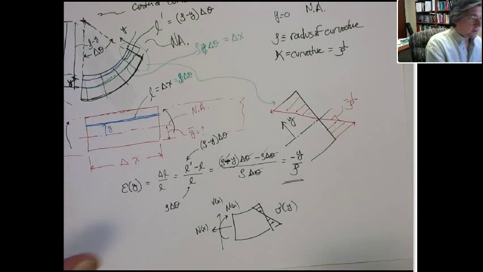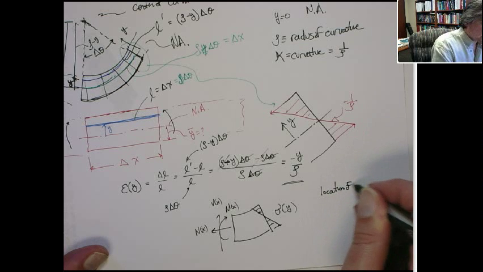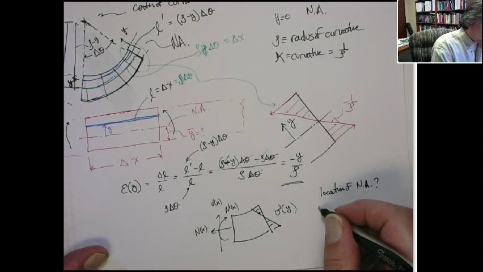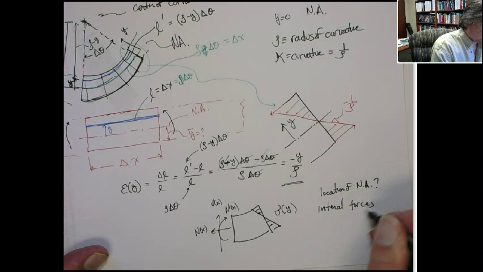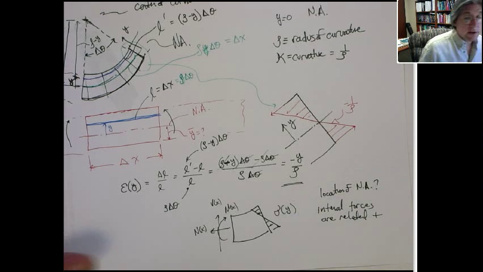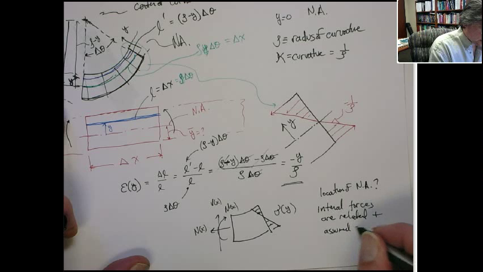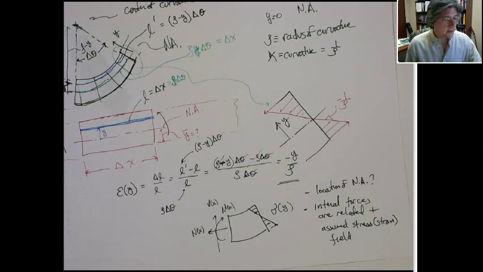So we don't know the location of the neutral axis. And we don't know how internal forces are related to this assumed deformation. So these are kind of like two unknowns. All right? So we're going to talk about that.